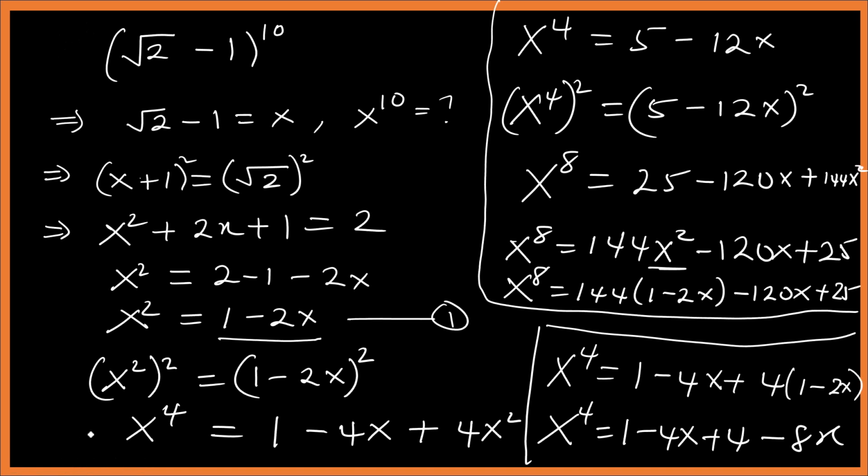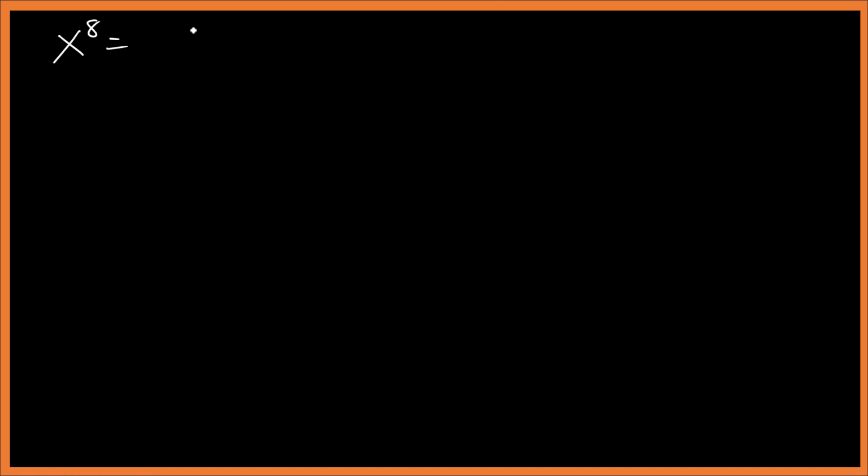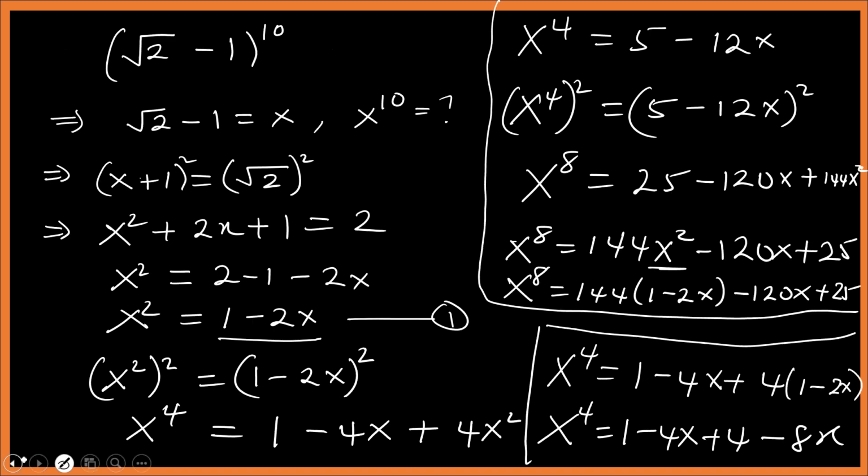So we have x to the power 8 equals 144, minus 144 times 2, which is 288x, minus 120x plus 25.